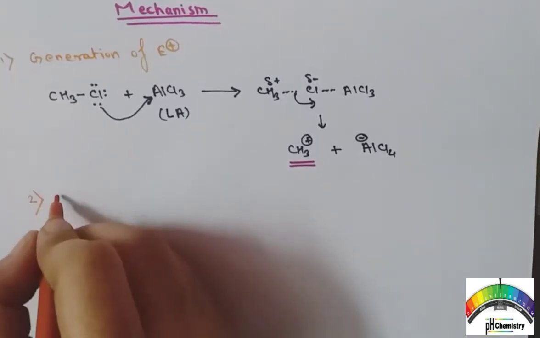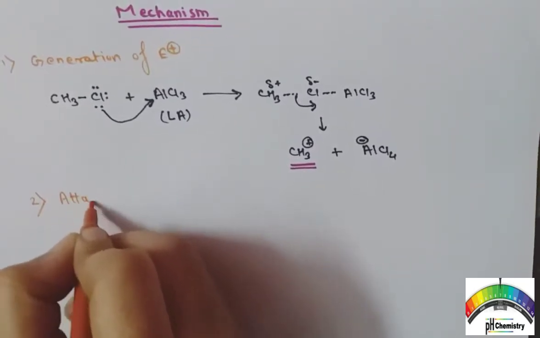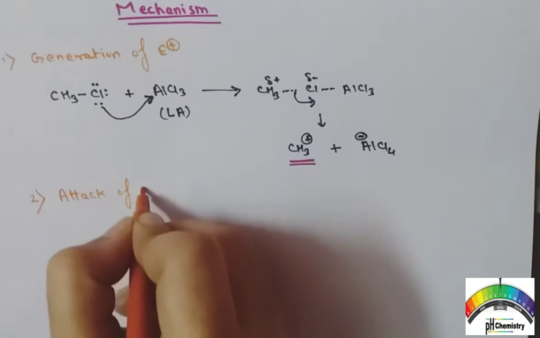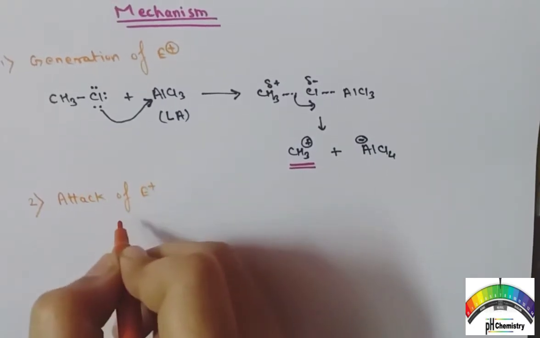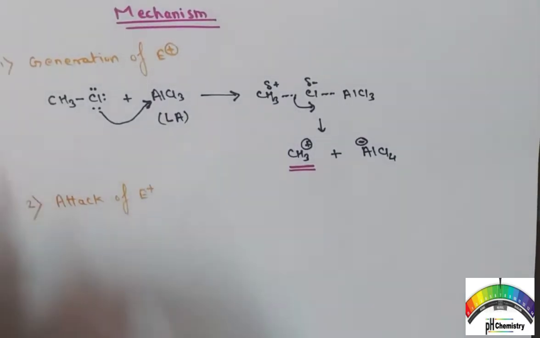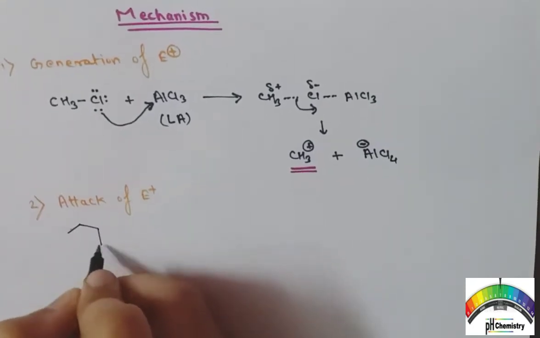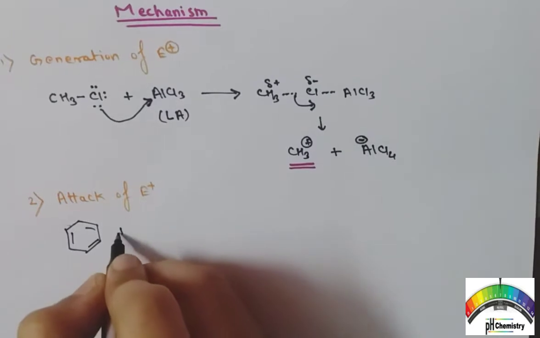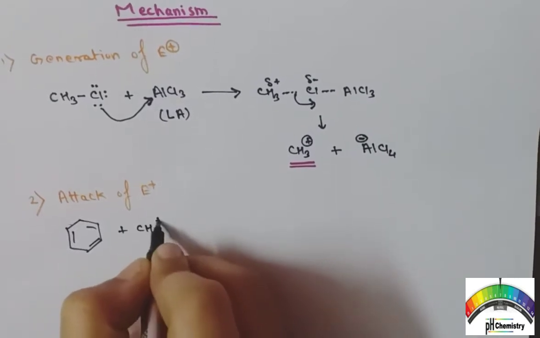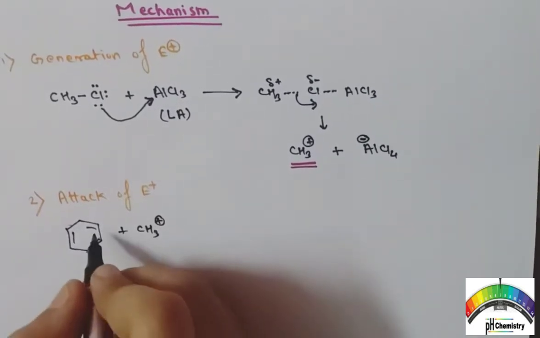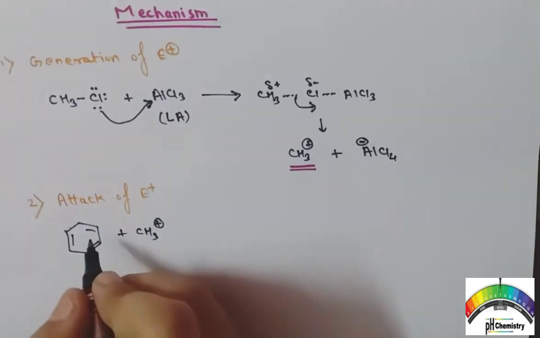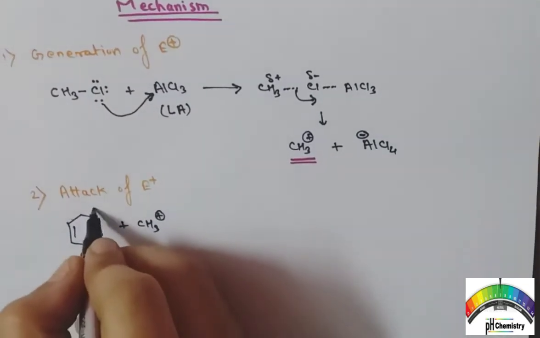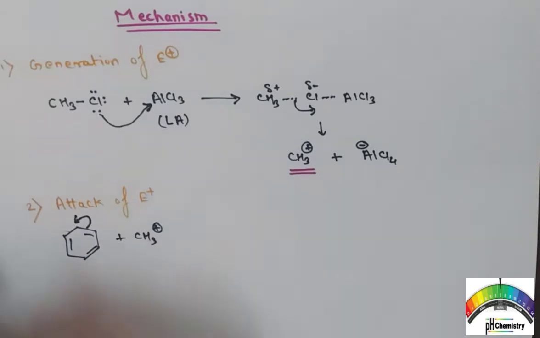So the second step is the attack of electrophile. Now we have a benzene ring and an electrophile, which is methyl. Now this double bond will shift here.